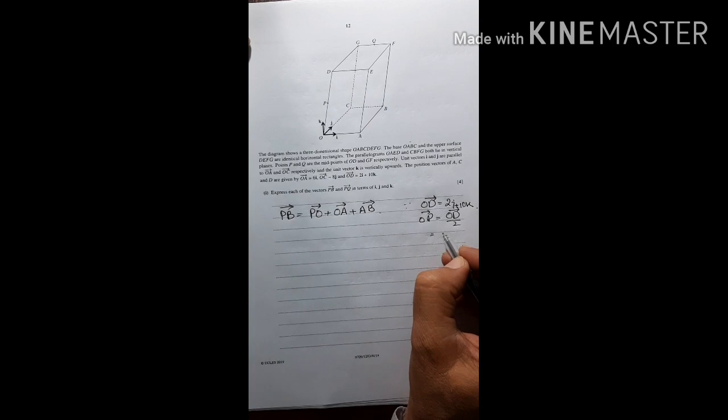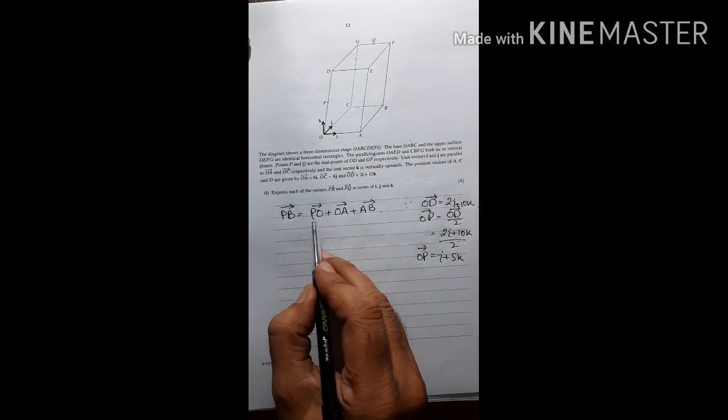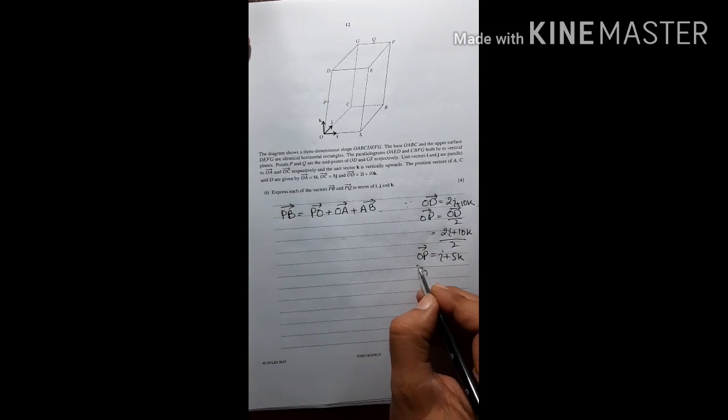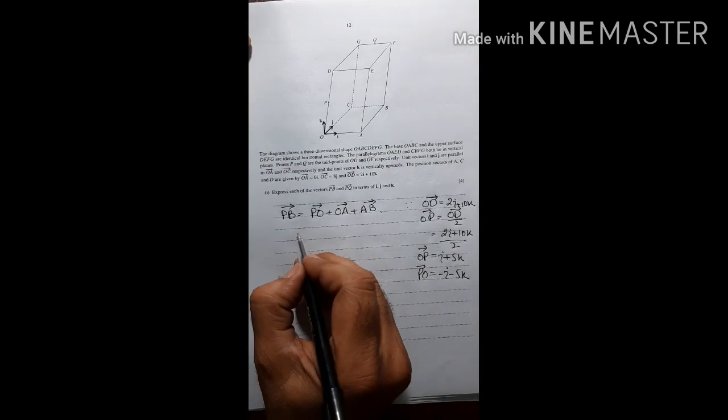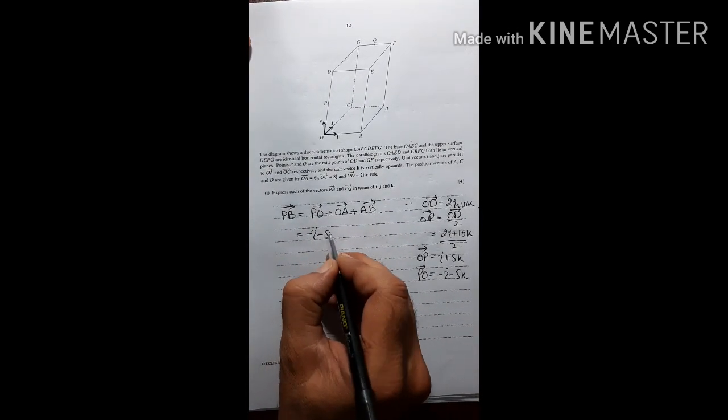So this will be 2I plus 10K over 2, which will be I plus 5K, OP. But I need PO. It means PO is minus I minus 5K because we are going against the direction. So we'll put minus I minus 5K instead of PO.